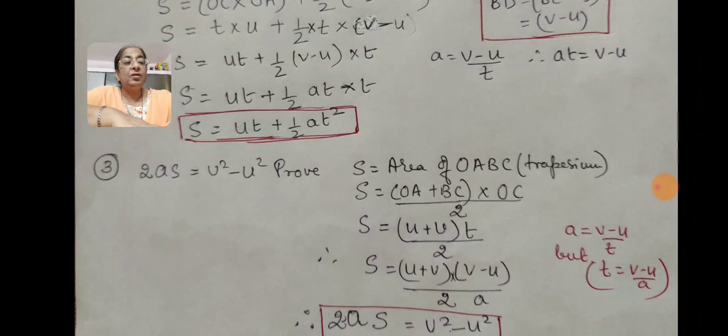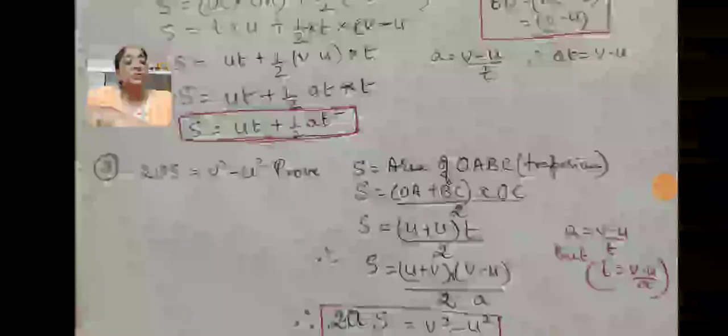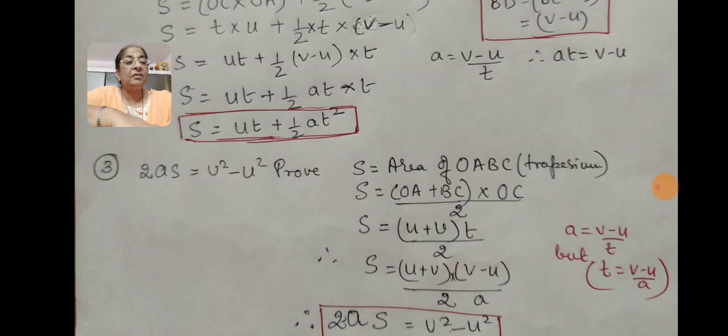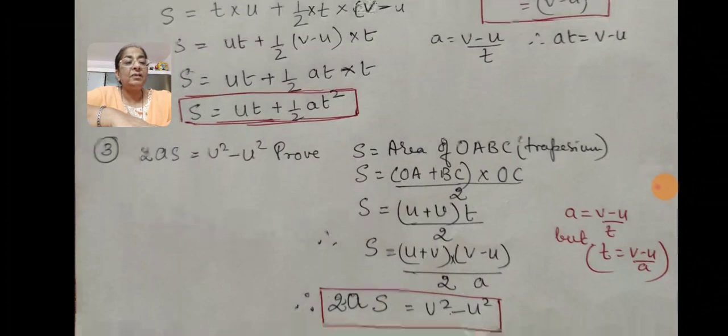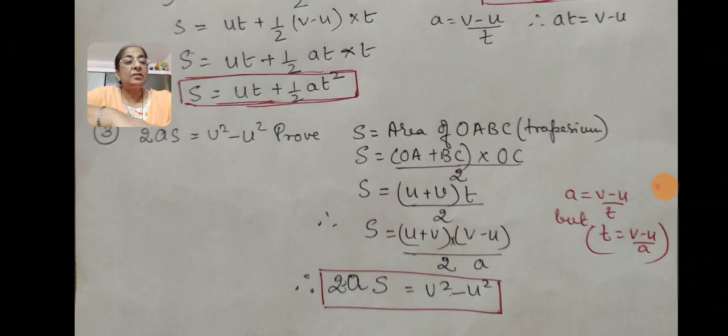Therefore s is equal to u plus v upon 2 into t. OC is t. Therefore s is equal to u plus v into v minus u upon 2a. Why 2a? Because here, we are substituting the value of t, that is v minus u upon a is t.